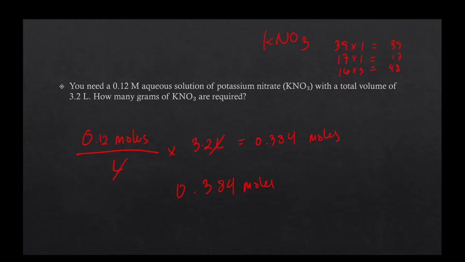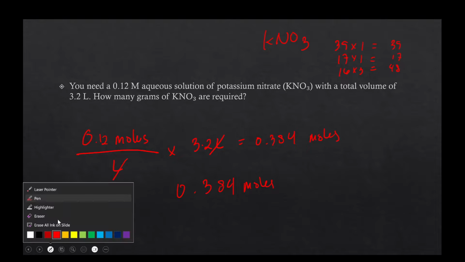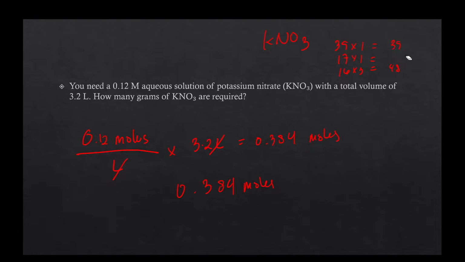Sorry, it's 14, not 17. So the total molecular weight for potassium nitrate is 39 plus 14 plus 48. That is 101, times 1 mole is 101 grams. 0.384 times 101 is 38.78 grams.